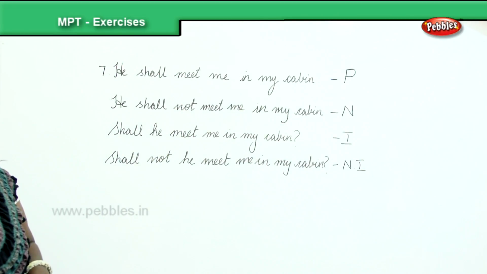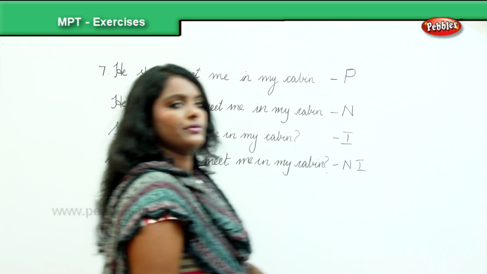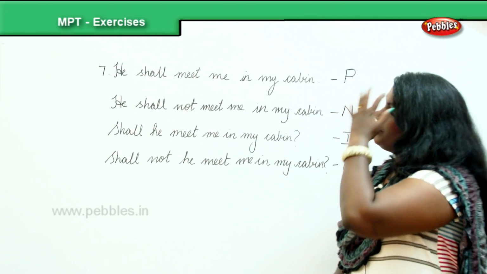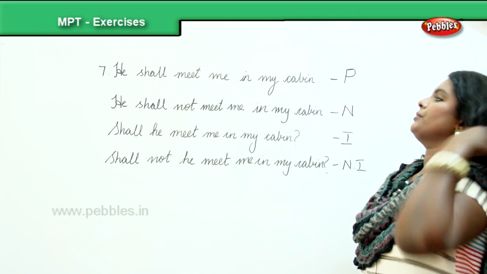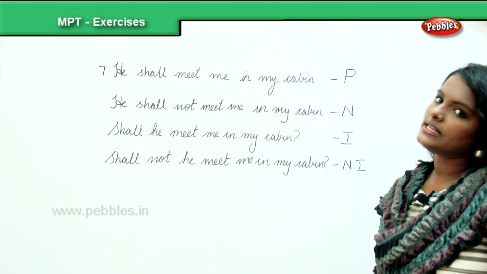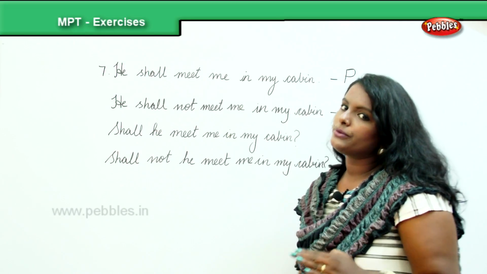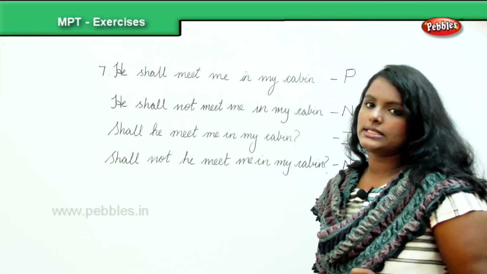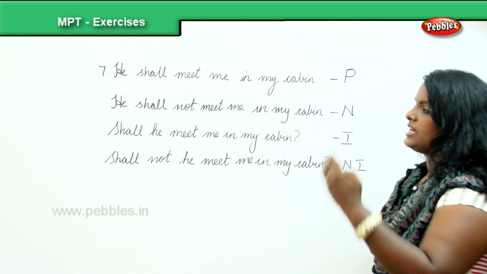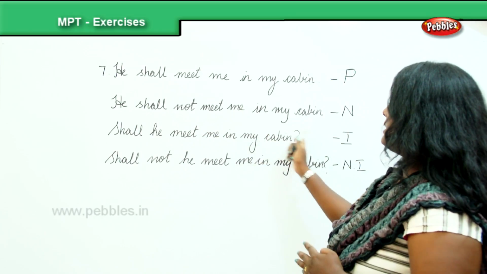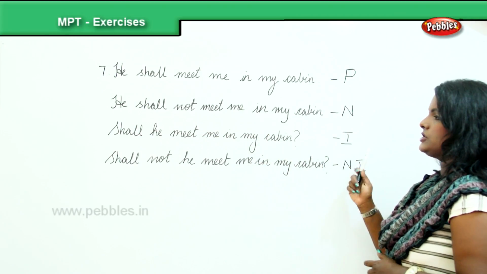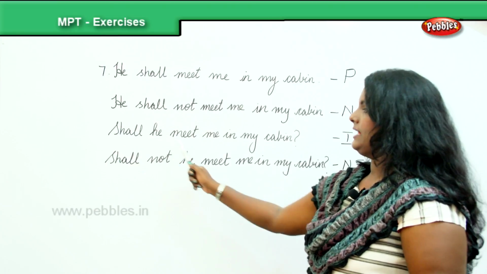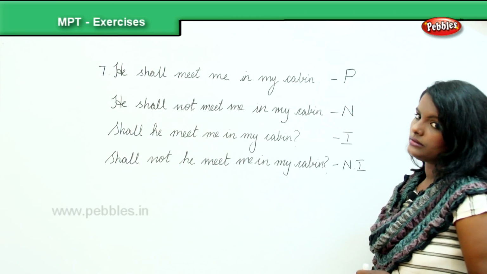Let's go through all the 4 sentences once again. He shall meet me in my cabin is a positive sentence and the tense is identified to be simple future. Converting it to the negative, you add a not to it. He shall not meet me in my cabin. The interrogative, shall he meet me in my cabin?